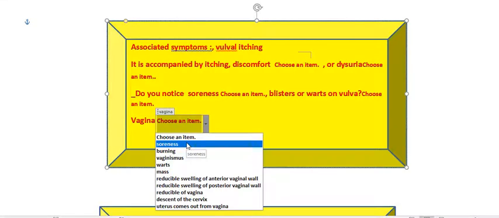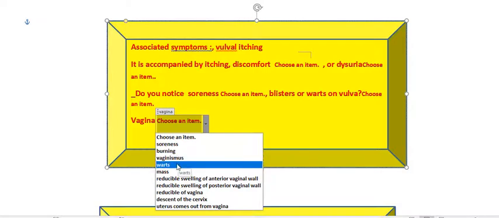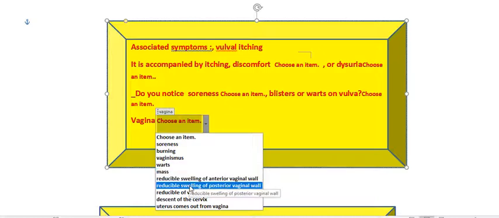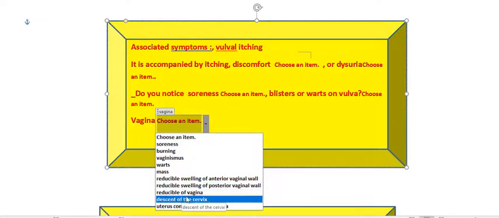The vaginal soreness, or burning, or vaginismus, warts, or mass inside the vagina, or reducible swelling of anterior vaginal wall, or reducible swelling of posterior vaginal wall, or reducible descent of the cervix, or the uterus comes out of the vagina.